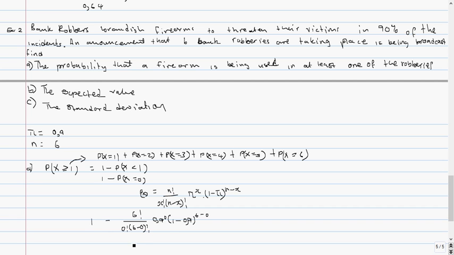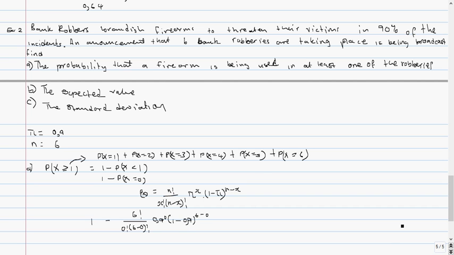Which is just to say 6 factorial. Where is factorial on my calculator here? I can't see it, so I'll say 6 times 5 times 4 times 3 times 2 times 1, and then I'll get 720.